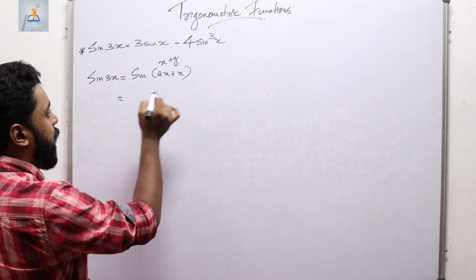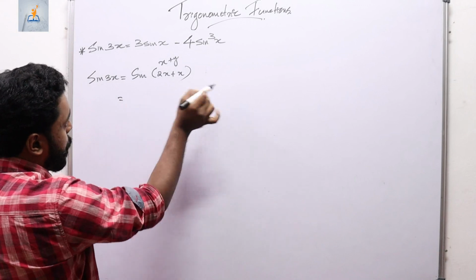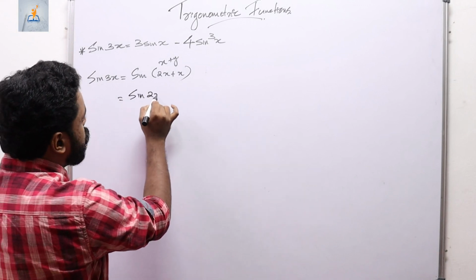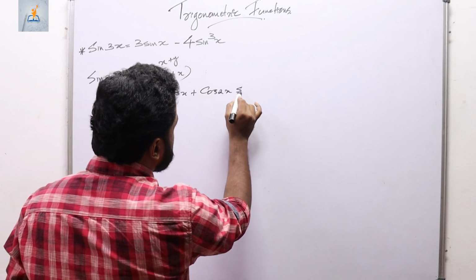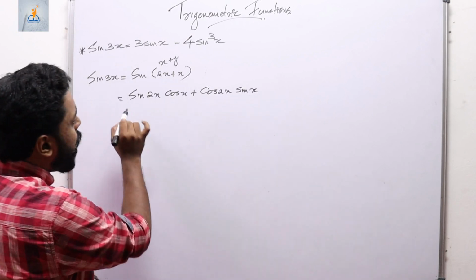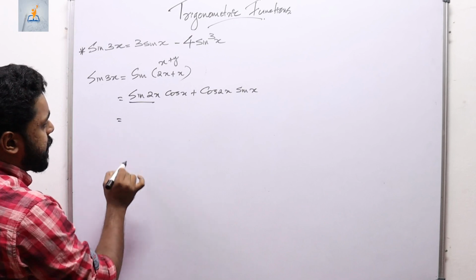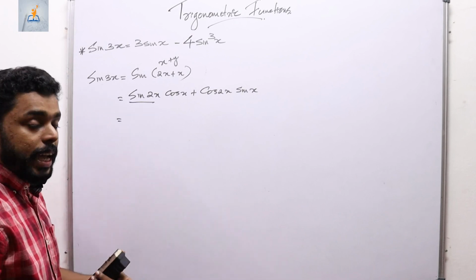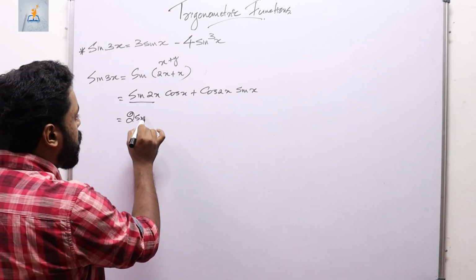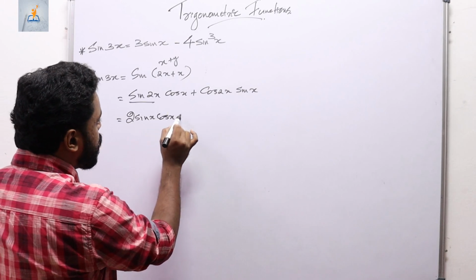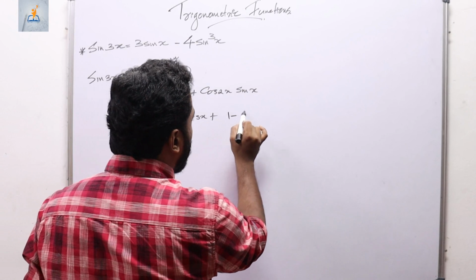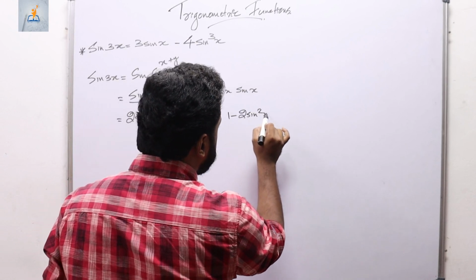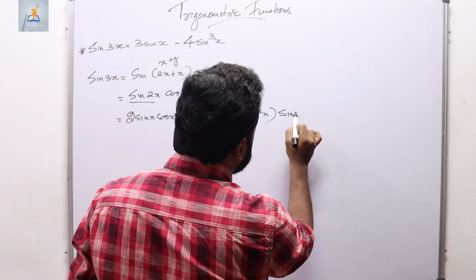By that we can elaborate this as sin 2x cos x plus cos 2x sin x. Now we derived the formula for sin 2x before. It is equal to 2 sin x cos x into cos x plus, we know cos 2x is equal to 1 minus 2 sin square x, into sin x.